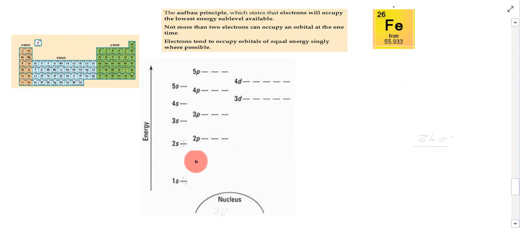Within the 2p orbitals you're going to get 6 electrons, so that's completely full.